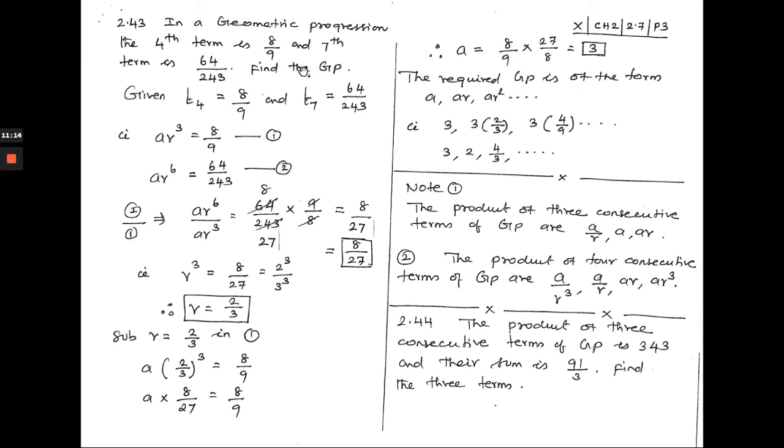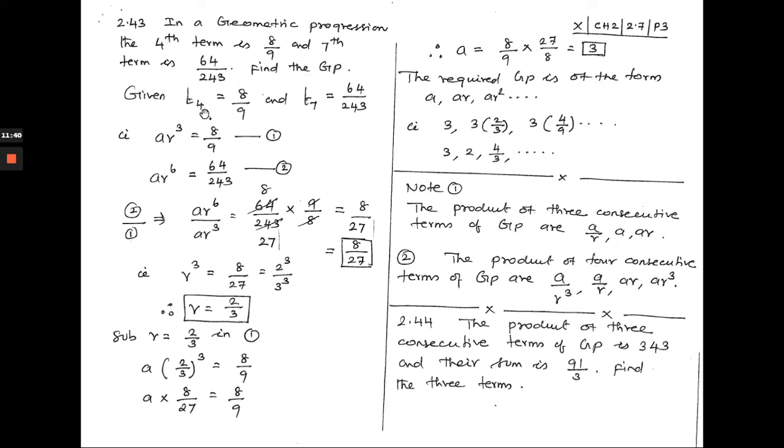Find the GP means we have to find the general form of GP, a, ar, ar squared, etc. For that we have to find only three terms. Okay, how to find? Here two things are given: the fourth term is 8 by 9 and the seventh term is 64 divided by 243.